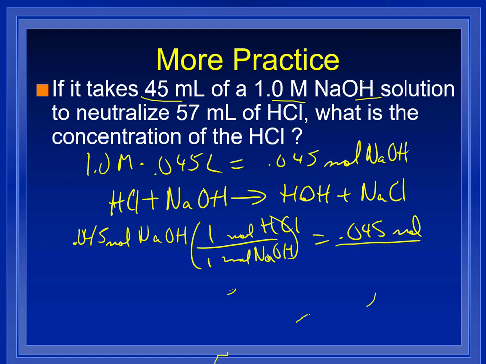Have that divided by 0.0457 liters, because that's how much of that acid I used. And I get that it is 0.79 molar. And that makes sense because it was a 1 mole to 1 mole ratio. It took more of the HCl, so the HCl had to be less concentrated.